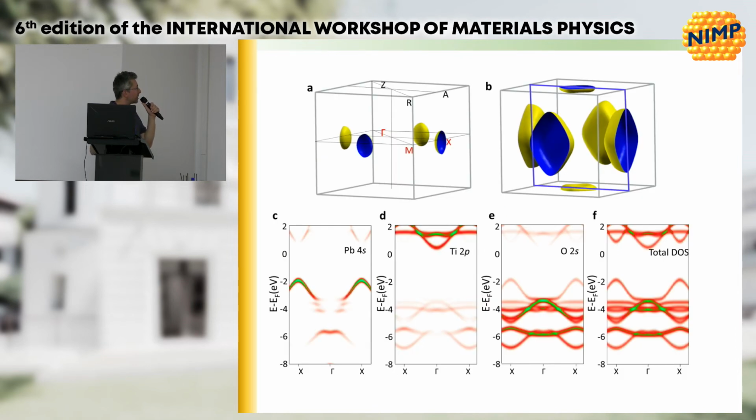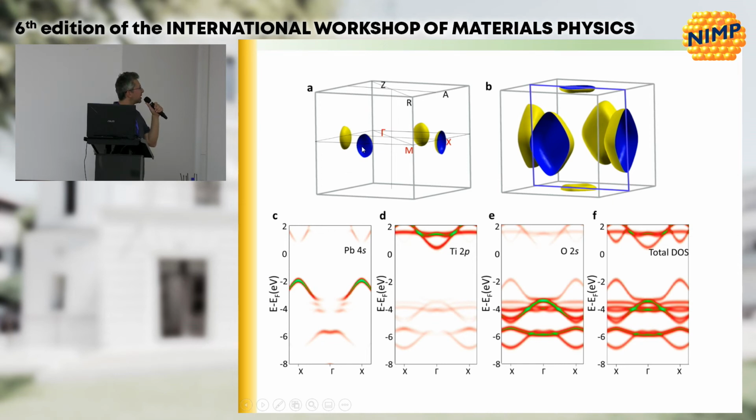This is the electronic structure computed by DFT, and we clearly see that the valence band is a coexistence of lead and oxygen states, and the conduction band is made of empty titanium and oxygen orbitals.